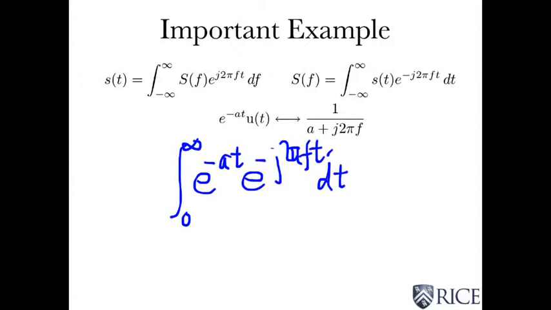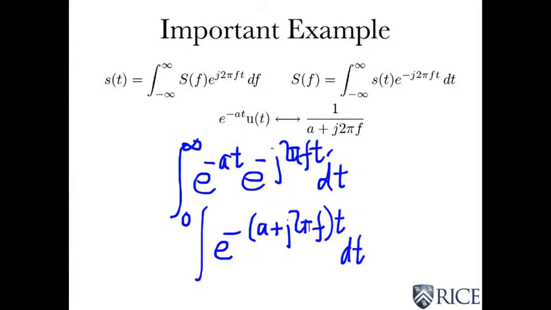And when you combine the exponentials, you get a very easy integral to do, and I think it's pretty easy to see that this is what you're going to get for the result.